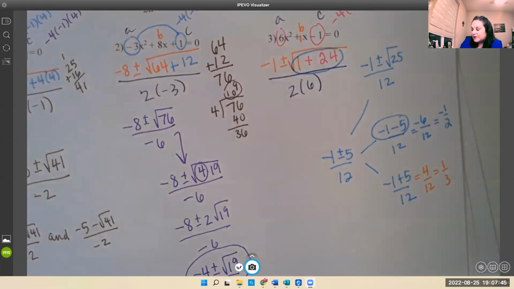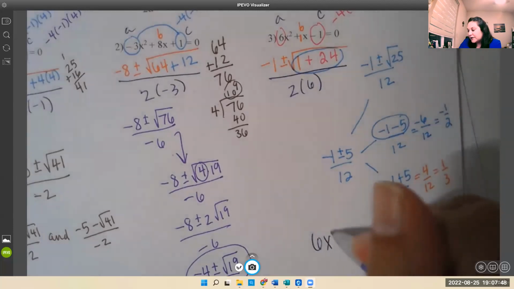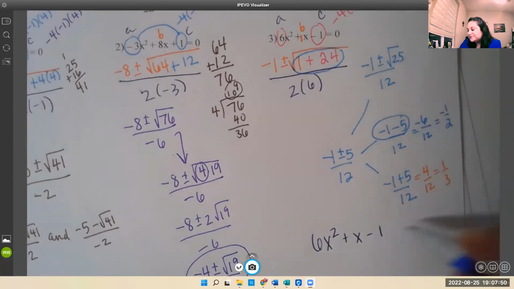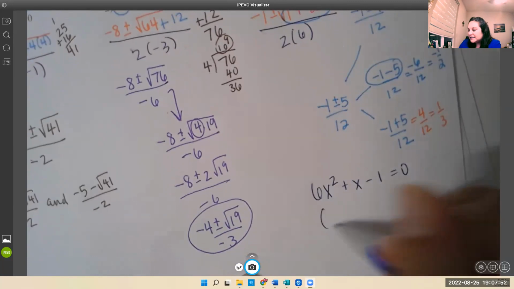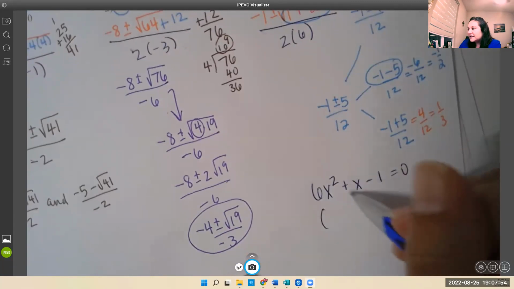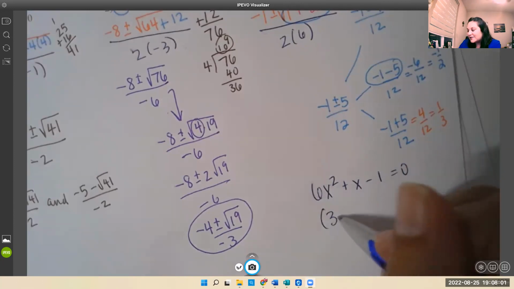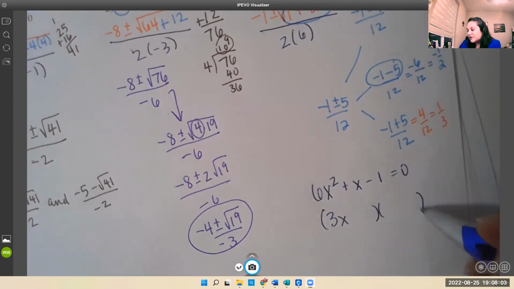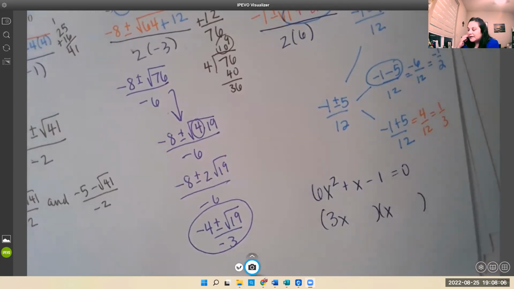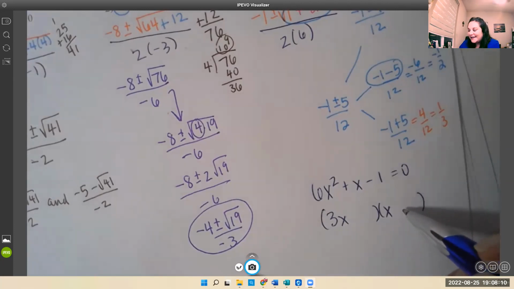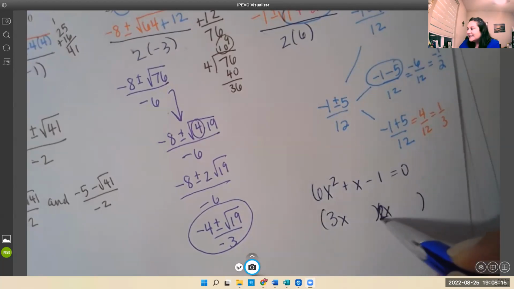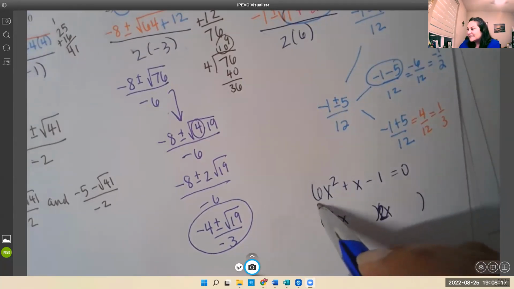And so the 6x squared plus x minus 1, I see that this is a -1, and I see that's a plus 1, and I know that I can use 3 times 2 to make 6, and so I should have tried to factor it. And so I'm thinking in my head, so this is the 2, sorry, this is the 2, right? 3 times 2 makes the 6.